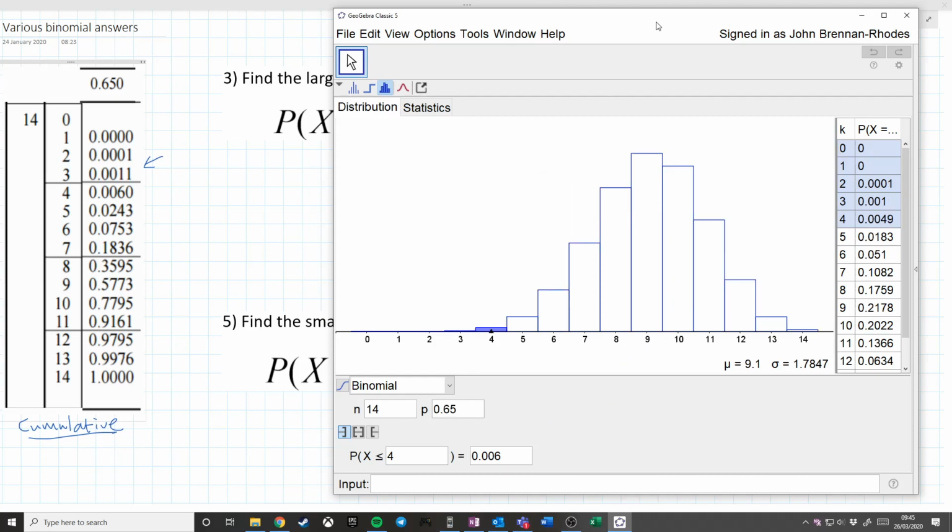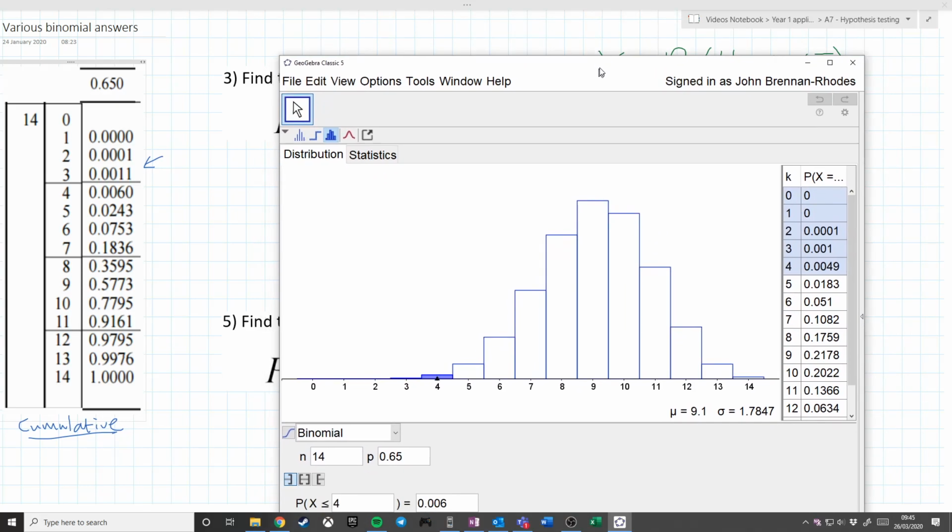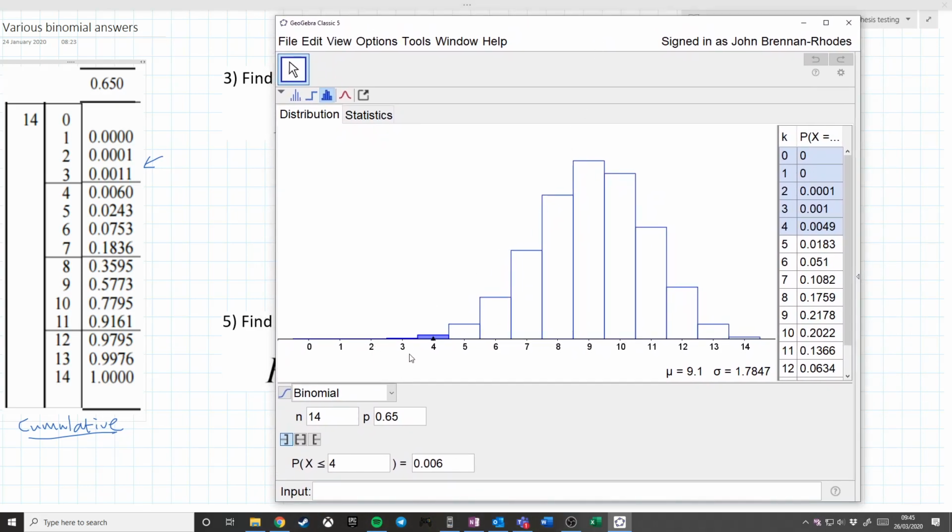So this is my distribution of 14, 0.65. It looks something like this, with the heights of each of the bars representing the probability. On the right-hand side, these are the actual probabilities of each individual value. So 0.051 is the probability of x equal to 6, as in the actual probability of the height of 6.